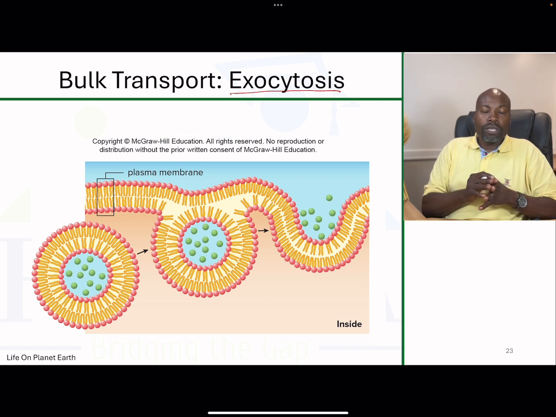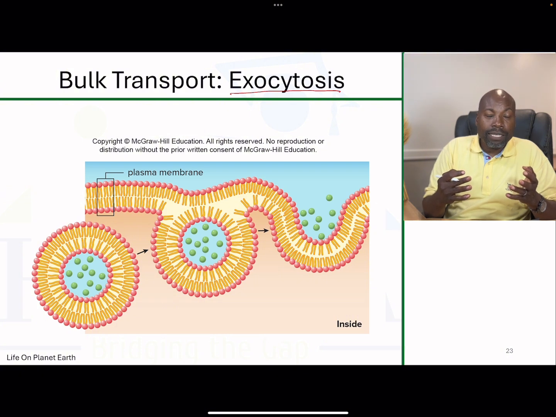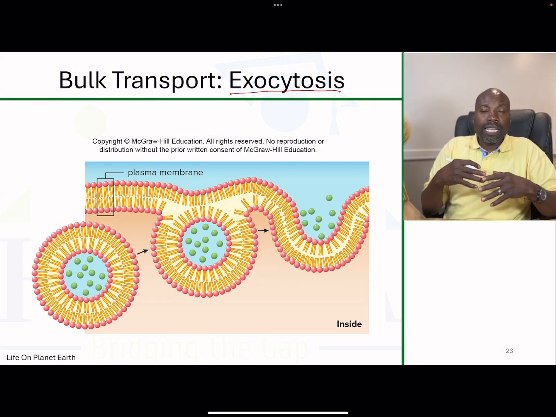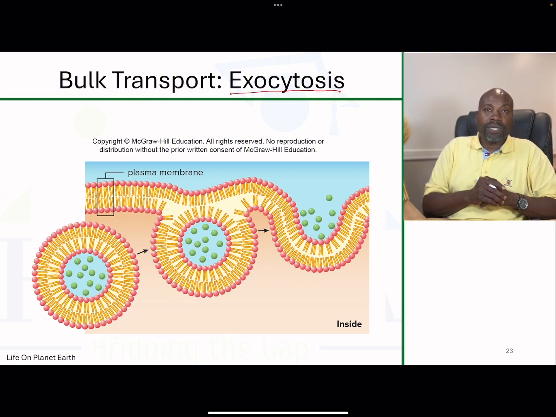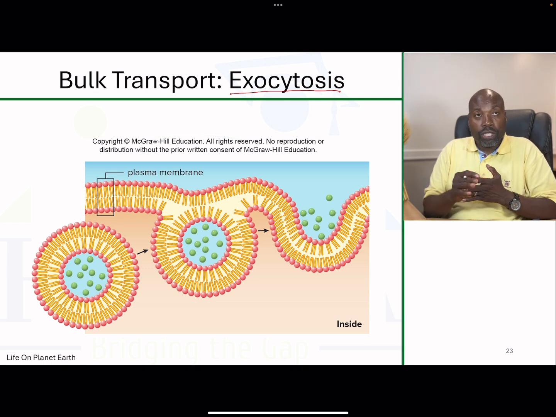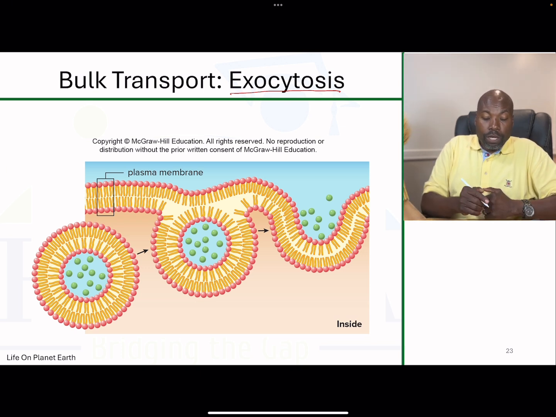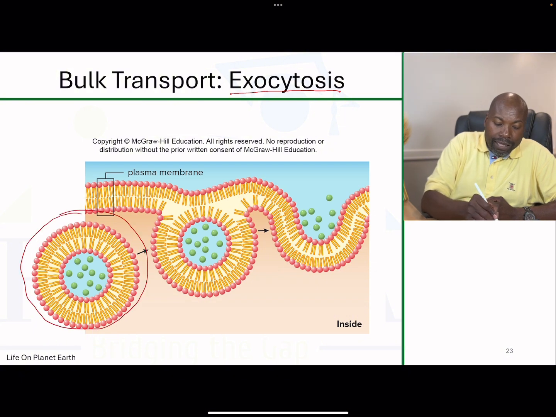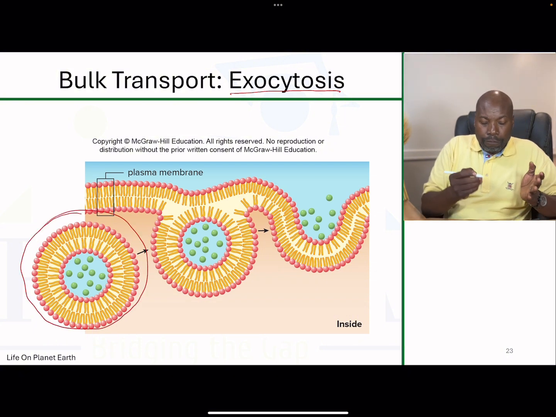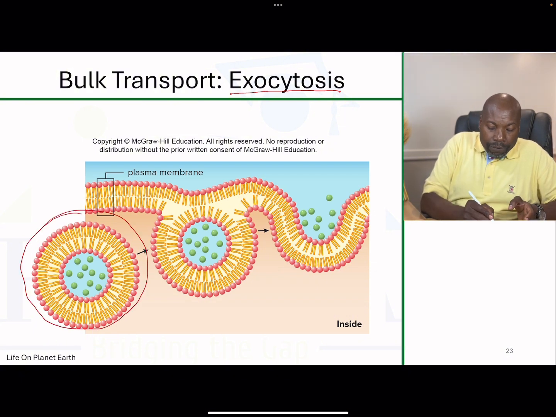By the same token, when sugars are synthesized, the sugars that make up the extracellular matrix, right? When they are synthesized inside of the cell, they're going to be sent outside of the cell so that they can go play the functions they were designed to play, right? So you have a transport vesicle like this, which is basically a phospholipid bilayer with cargo inside, right?